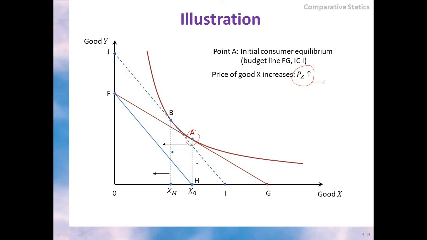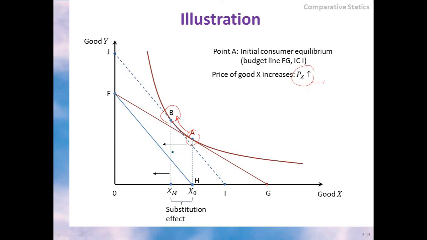If you look at this dotted line JI, this JI is parallel with FH. What I want you to see here is point B. A moves to point B, right?